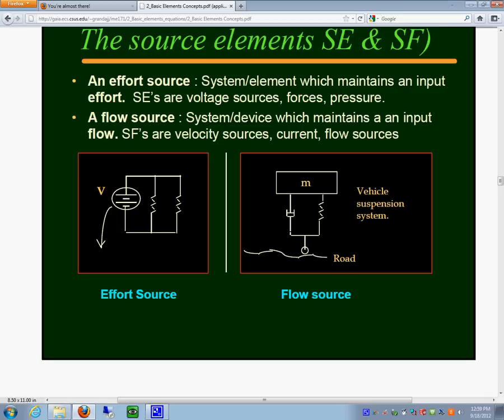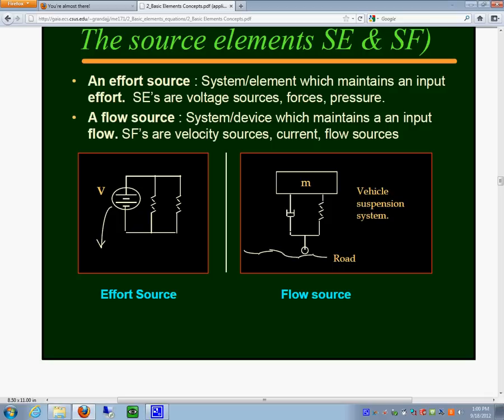But if this is true, the input here is the change in the position, so dq/dt is equal to the velocity input. What happens is that the suspension system goes over a rough terrain.